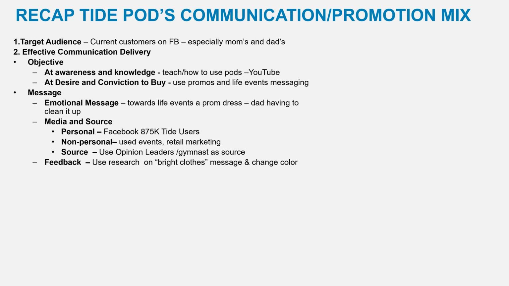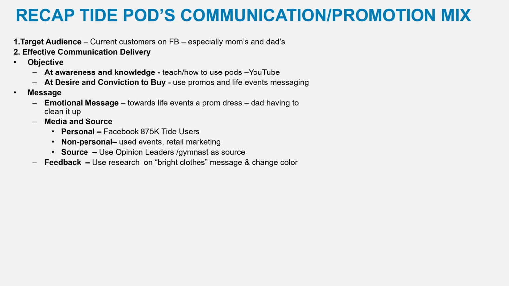They really focused on the desire and conviction to buy using promos and life events messaging, similar to that dad and his awesomeness and how he can do push-ups and clean laundry at the same time. They used emotional messaging. They used personal messaging with Facebook users and YouTube, non-personal, and used opinion leaders and the gymnast as well as a source.